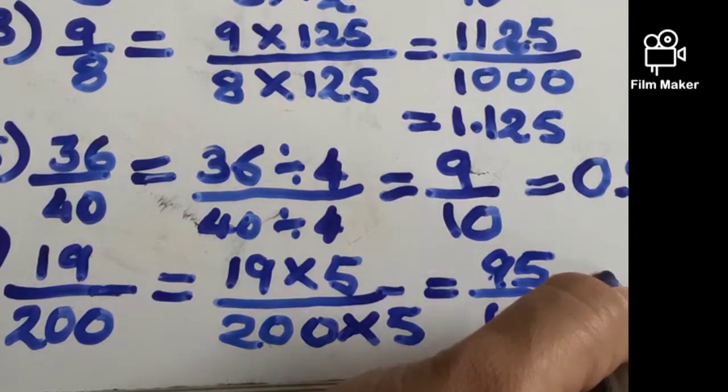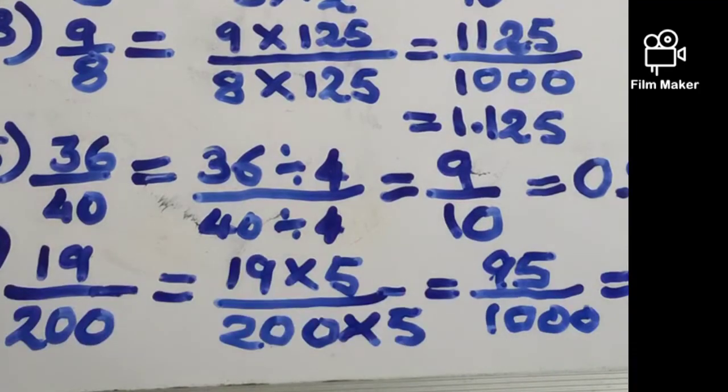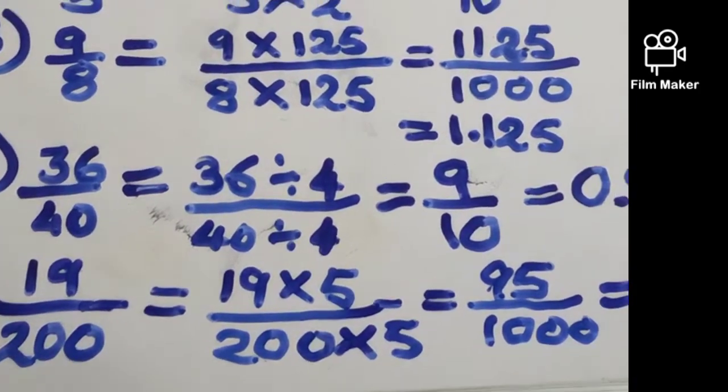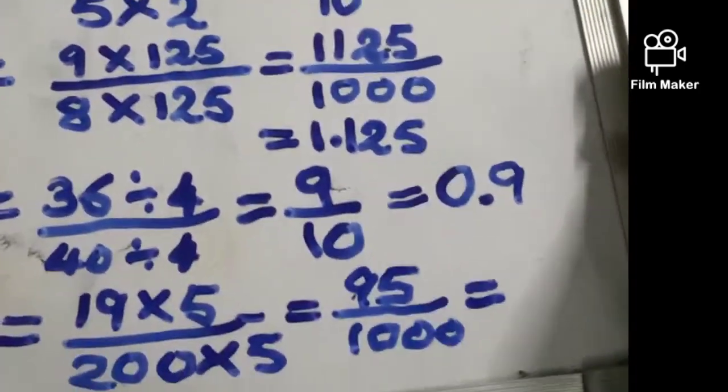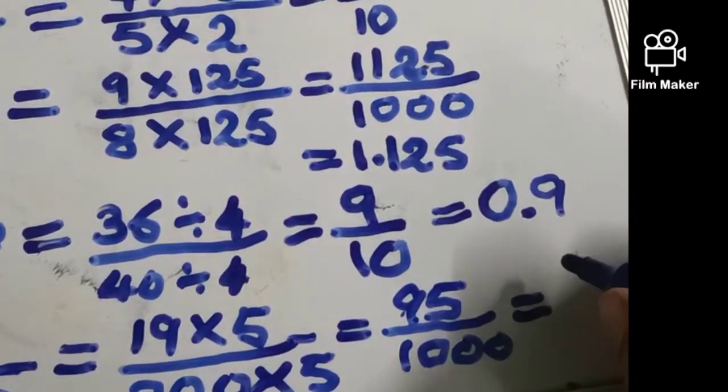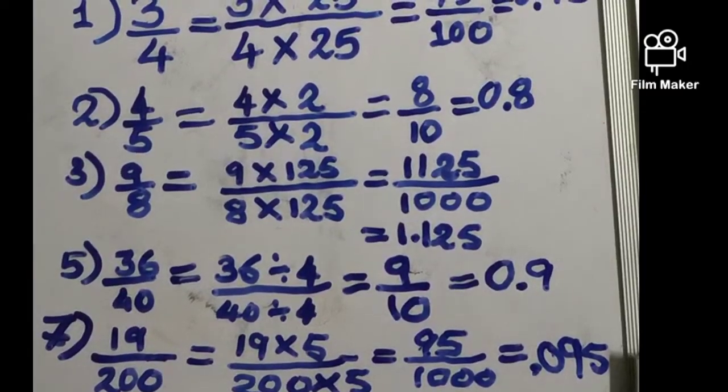Yes, students, we will write 95 as it is. The answer is 0.095.